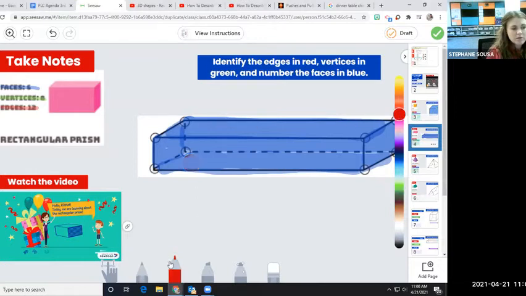Let's trace those edges. We've got the 4 that go around the front rectangle. The top, the right side, the left side, and the bottom. This shows us the outlines or the edges of the front face.